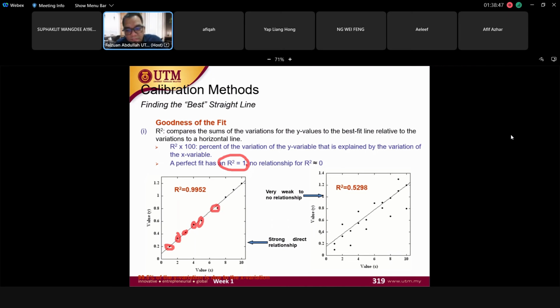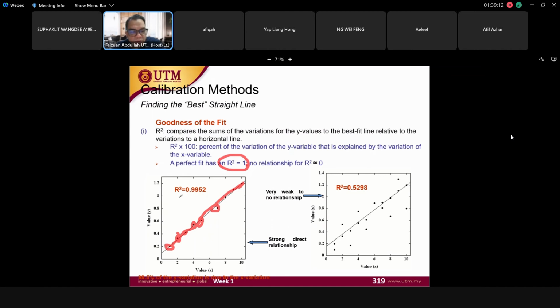Normally it's not very good for all of the calibration solutions that have been analyzed to rely on the straight line. But if they do, you are very perfect in preparing the solution, and R square equals 1.